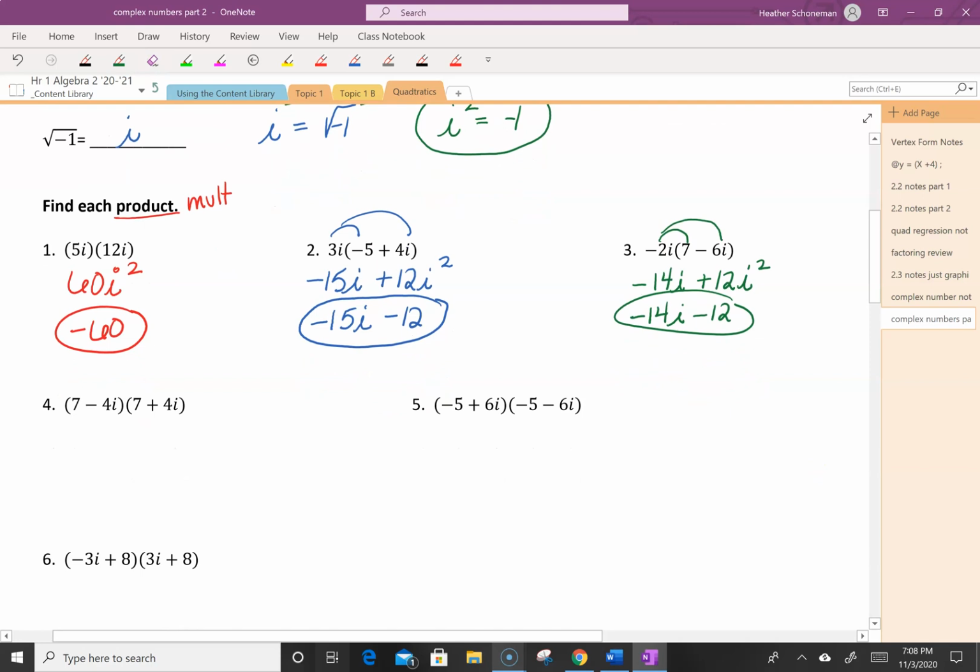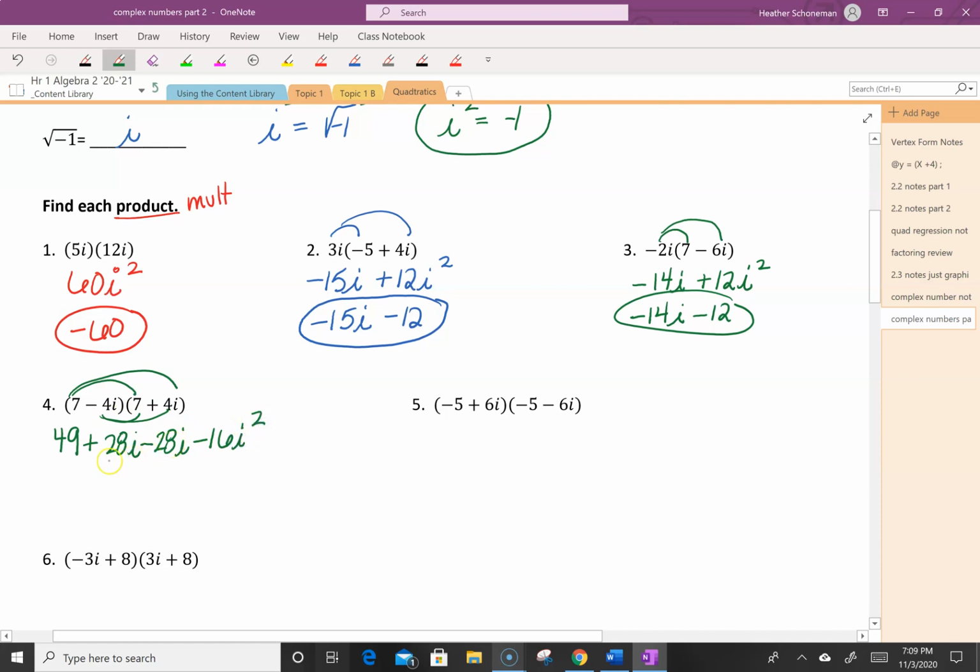Okay, number 4. Now we're going to multiply a binomial times a binomial. So 7 times 7 is 49. 7 times 4i is 28i. -4i times -7 is -28i. And -4i times 4i is -16i squared.